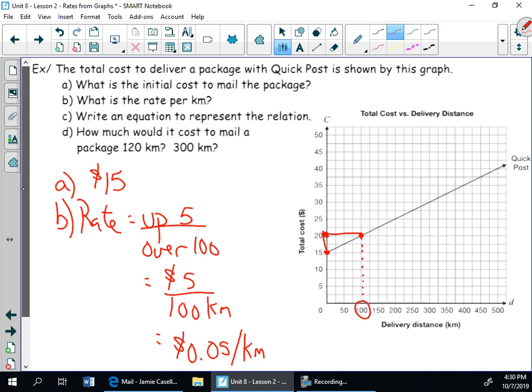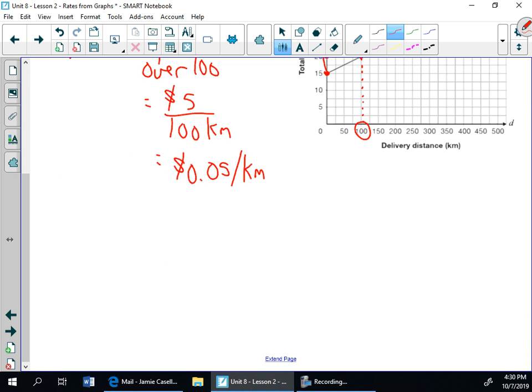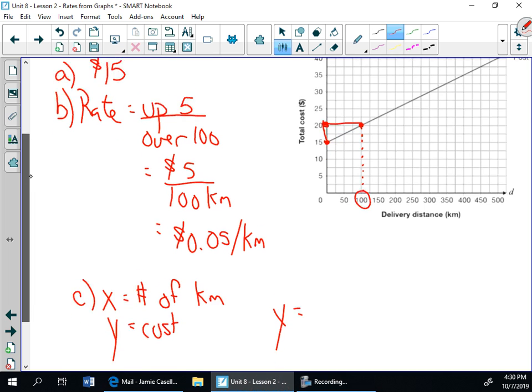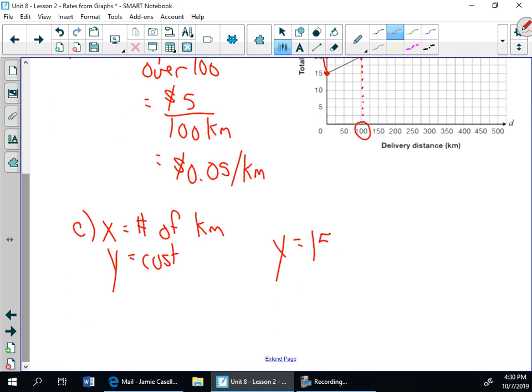Okay, we need an equation to represent this relationship. Okay, x, the thing across the bottom, is my number of kilometers. The thing up the side is my cost. Okay, my cost is always, well, what did my cost start at? We said our initial value is 15, and it's going to go up 5 cents for every kilometer.